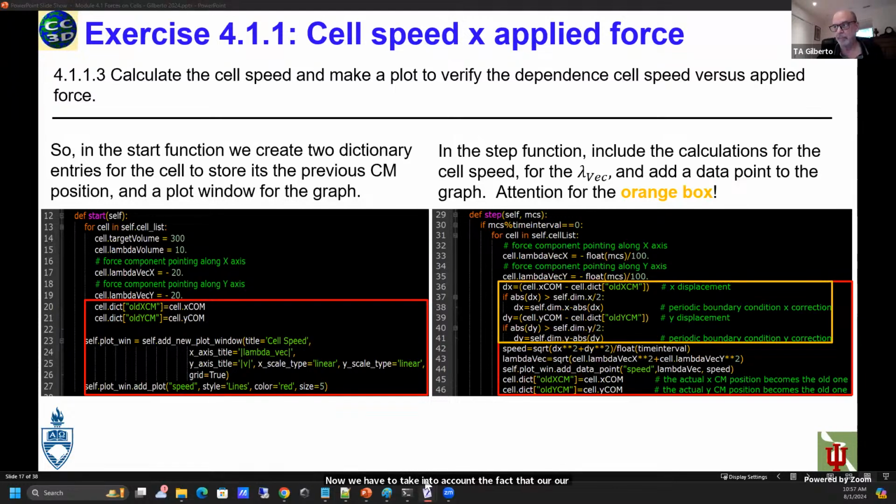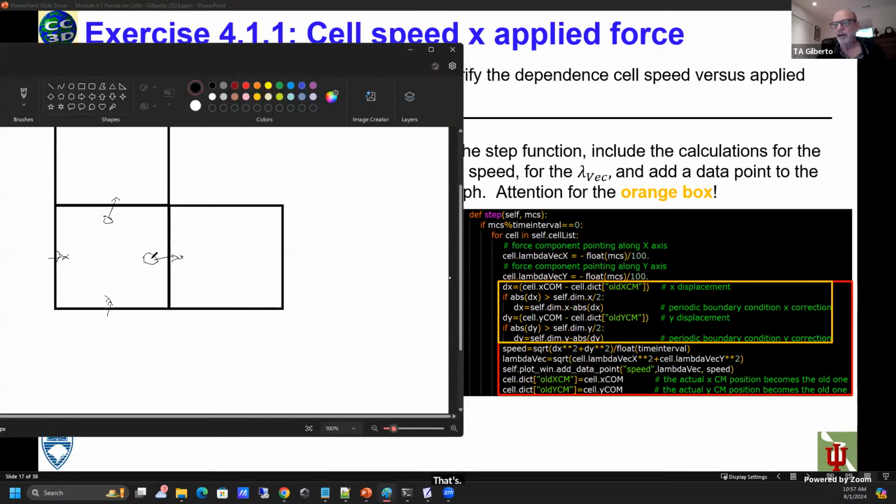Now, we have to take into account the fact that our boundaries are periodic. So, again, let's come with that picture here. If the cell goes from here to here, I have to see if this cell actually is in this position here. Otherwise, see, if the cell moved from here to here, actually the cell moves from here to here. And this X and Y center of mass are smaller than this X and Y center of mass.